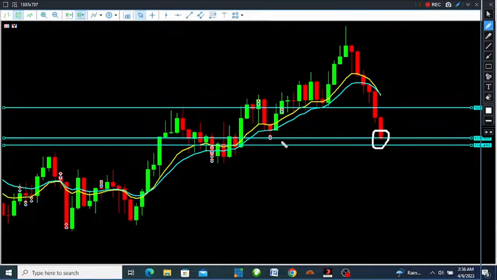I have placed the last support zone. I have cross-checked the next support zone, this one here and this one here, and I've placed all those things together. Now look at how we can analyze the market.